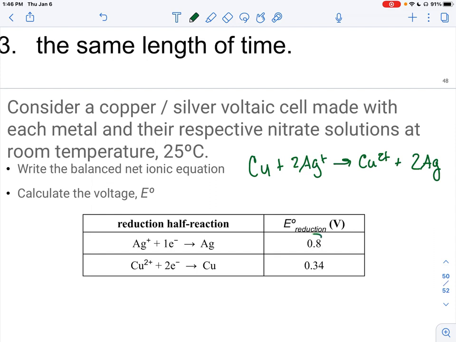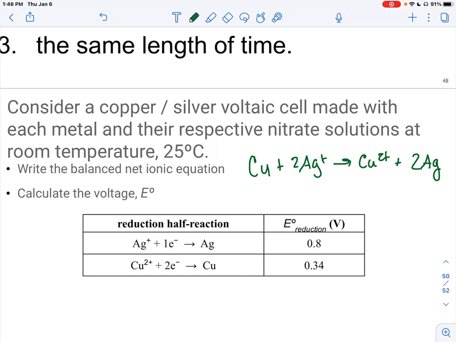If we flipped this one and made Ag the negative number, then we would end up with a negative E naught value, and that would not be favored. So that's how I knew that copper would be the flipped.